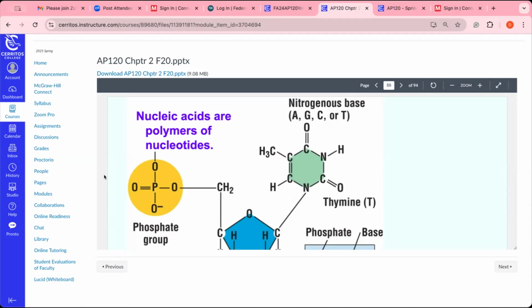The bases are adenine, guanine, cytosine, or thymine. In RNA, one of those bases gets replaced with uracil, if you're wondering where the 5th base comes in. DNA has 4 of these, and sometimes one of them gets replaced for the 5th one.